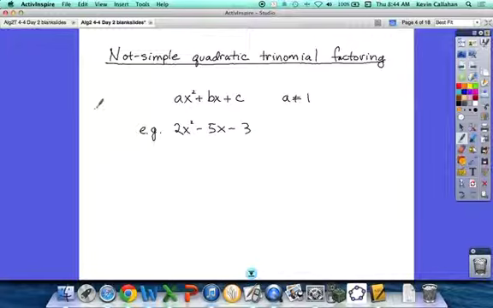The a does not equal 1, because if it did, we would call that our simple quadratic. So this is an example of what we mean by a not simple quadratic trinomial. Whenever you see that there's a number in front of the x squared, you got to say, okay, I can't do that by that simple one-step process. Think of two numbers, and it's just that simple.